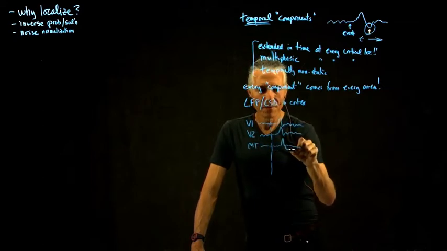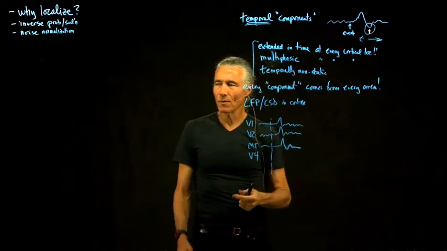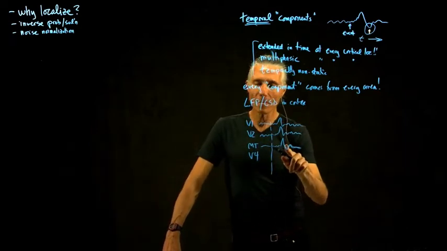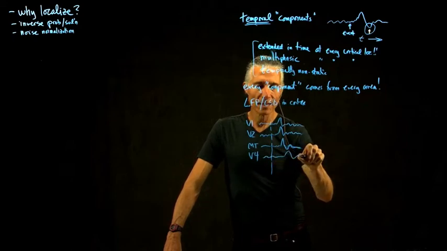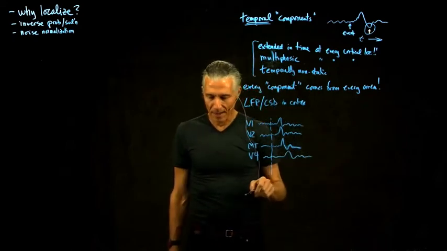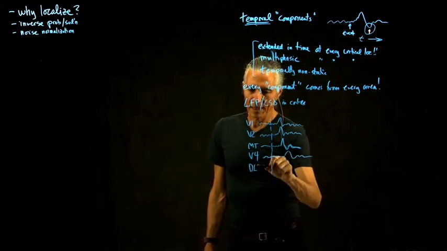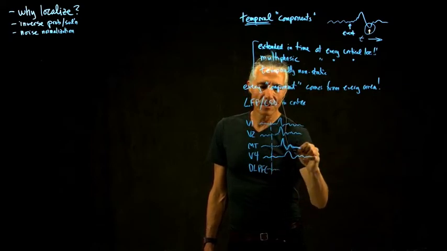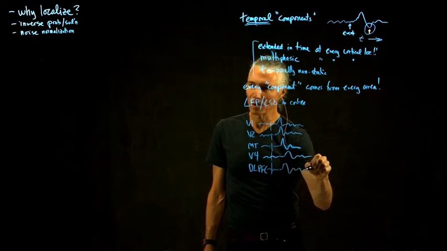But if you look in V4, an area next to MT, because V4 doesn't receive very much input from the magnocellular system, the signal, even though it's about the same level in the cortex, is delayed. And if you go to, say, dorsolateral prefrontal cortex, the signal there is actually pretty quick, almost as quick as MT and quicker than V4. So you're getting a signal from dorsolateral prefrontal cortex.